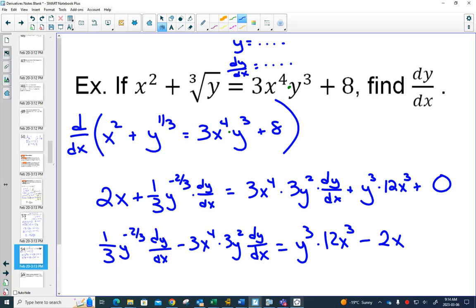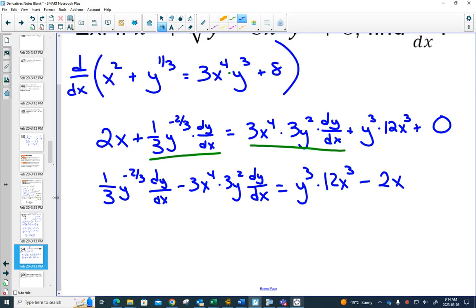So what I did is I looked and I said, this term has a dy dx and this term has a dy dx. I moved them to the left-hand side of the equation. Everything that did not have a dy dx, I moved to the right-hand side.